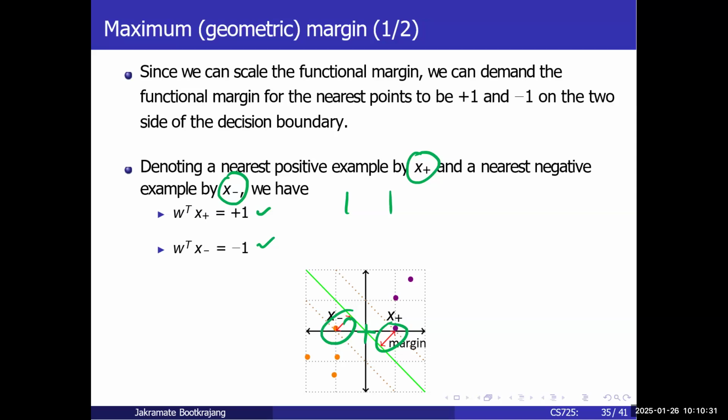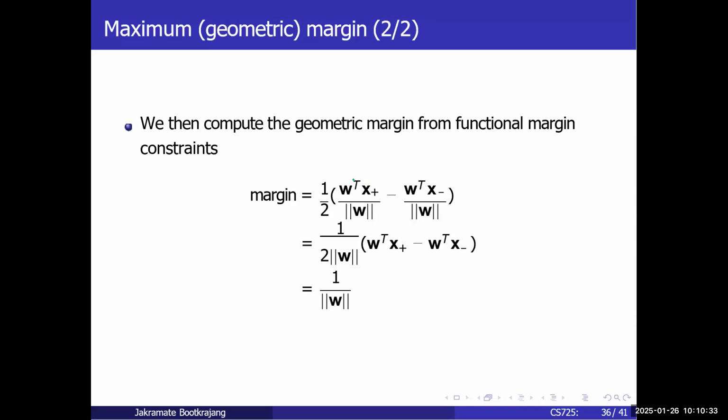But because the decision here also comes with a sign, we can just add the positive example and subtract the negative example, and then take the average.